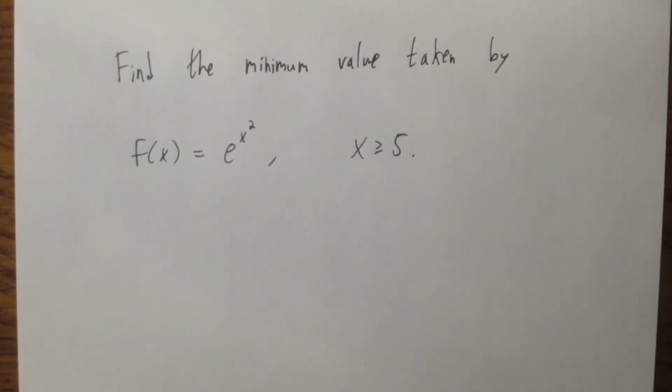Find the minimum value taken by f(x) = e to the power of x squared, where f's domain is the half-closed interval from 5 to infinity.